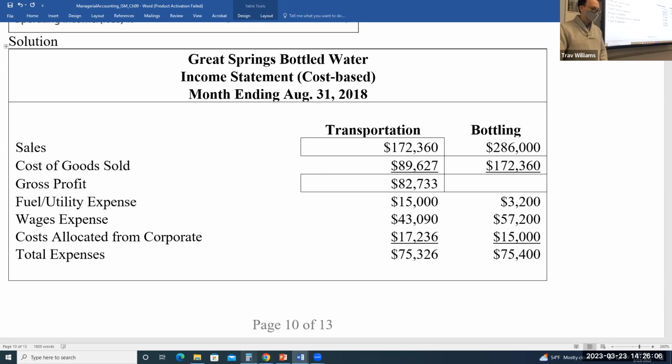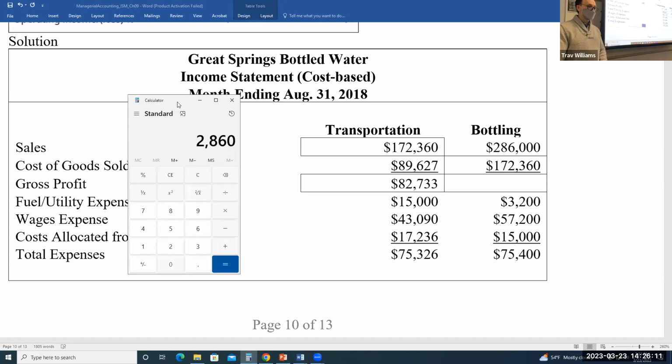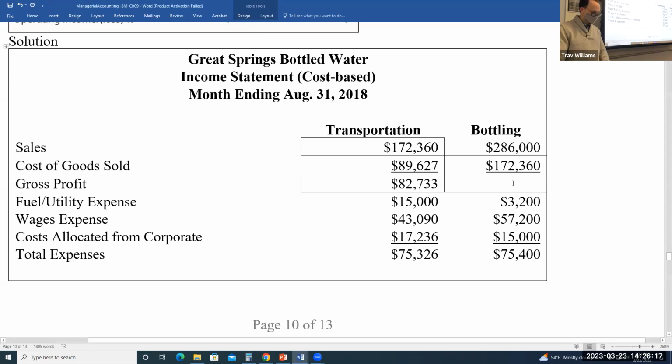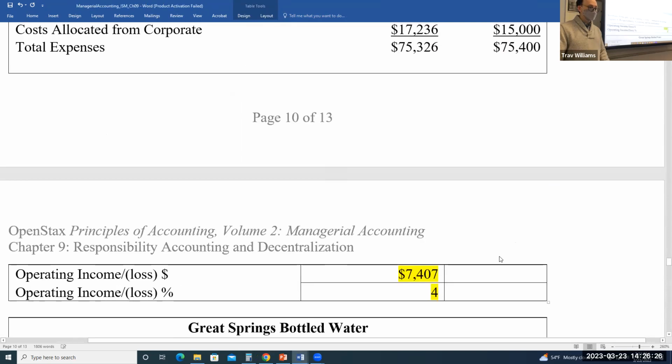And we'll do the same thing over here. Sales minus cost of goods sold gives us gross profit 40 minus expenses 38,240.